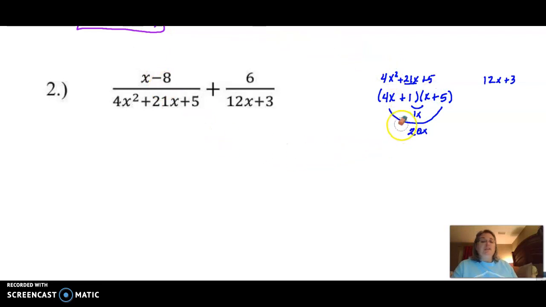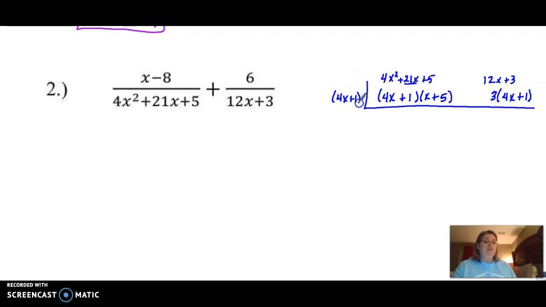And then because we did our double chin, we can take our eraser and do a quick eraser and it's gone. Same thing, factor over here, common factor. We're going to take out a 3 and we're left with a 4x and a 1. So now when I upside down divide, notice I have one thing in common, and it is the 4x plus 1.